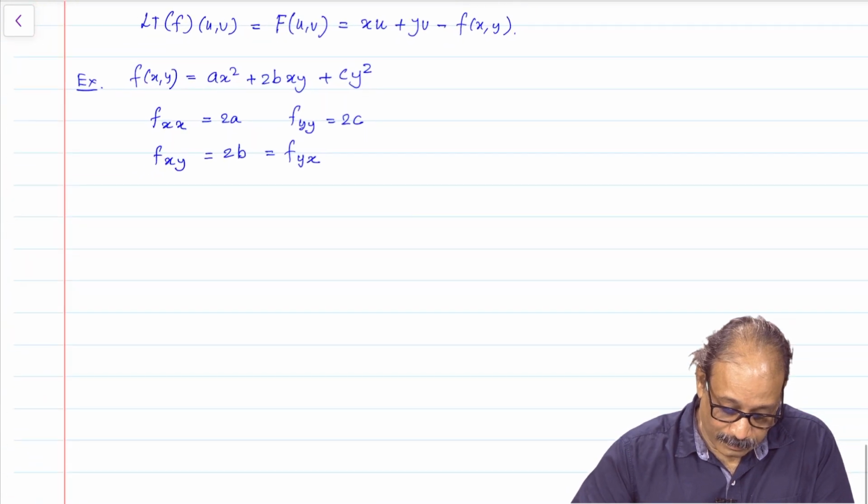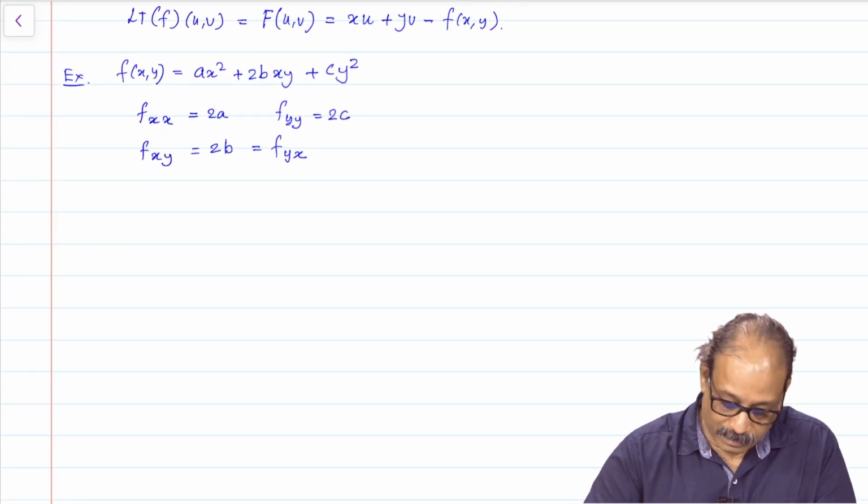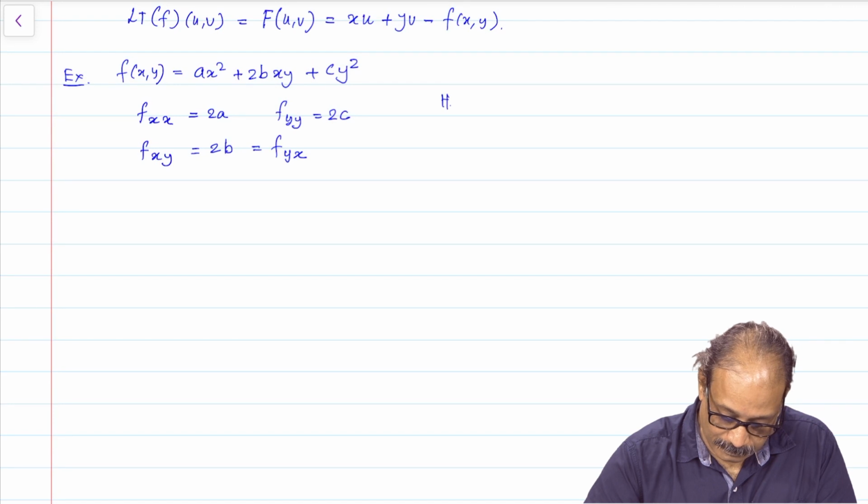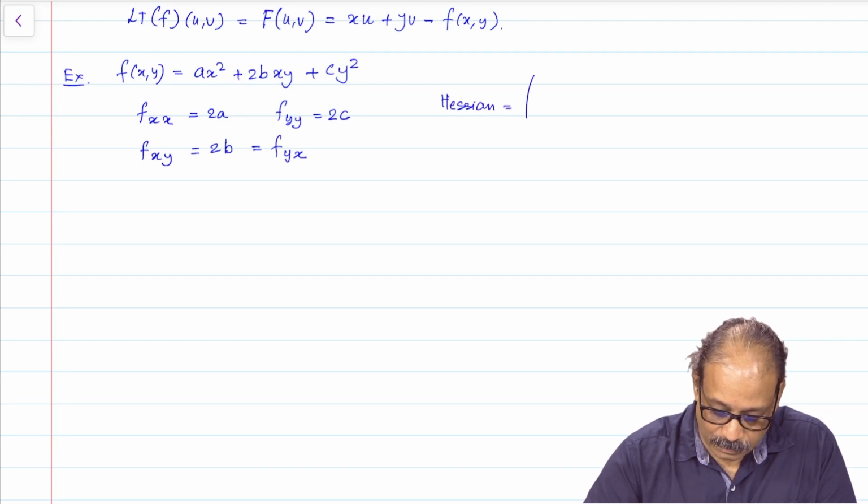What I am going to do is construct what is called a Hessian. Hessian is a 2 by 2 matrix where I put entries like this: f x x, f x y, f y x, f y y.